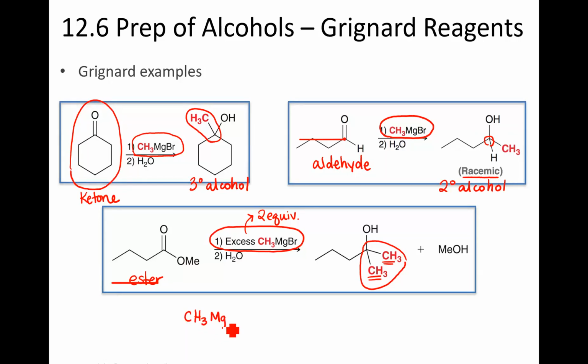It could be any alkyl group, because really there's lots of versatility in the type of alkyl halides that can be used to form the Grignard reagent. Remember, R can be an aromatic ring, a vinyl group, an alkyl group, and if it's alkyl, it could be primary, secondary, tertiary. There's very little limitation to what it can be. The only limitation really is there can be no acidic functional groups present.